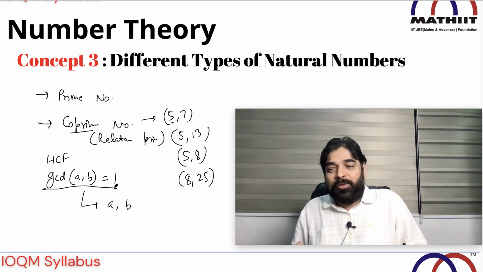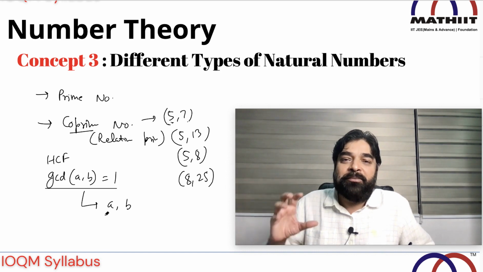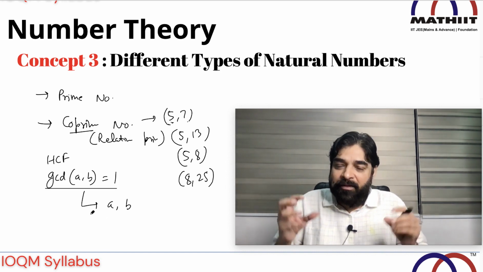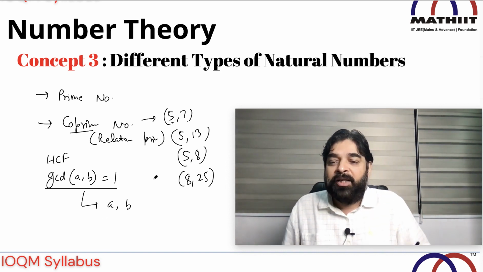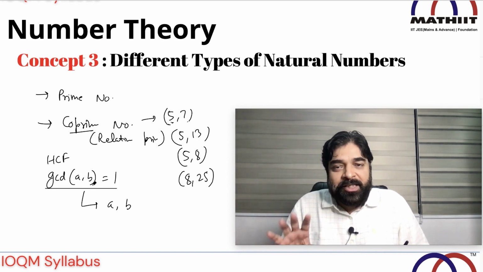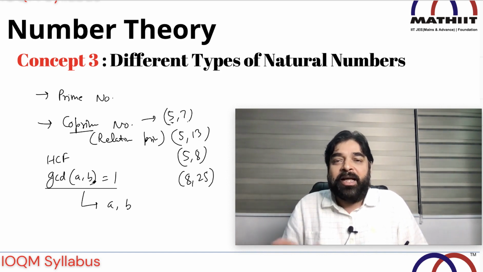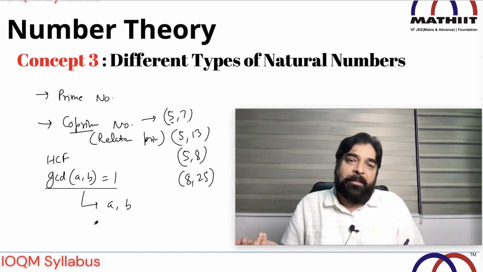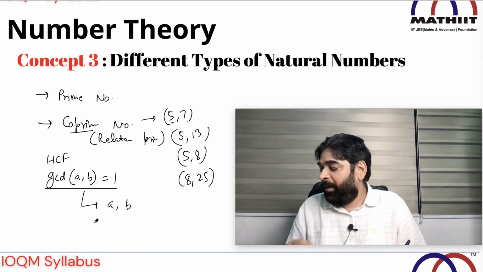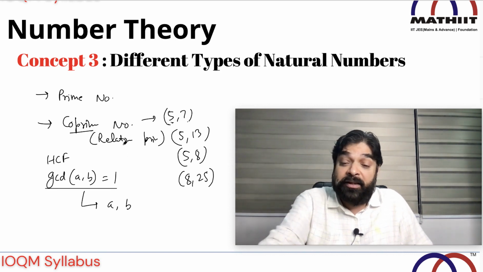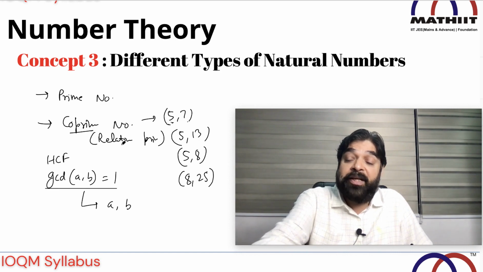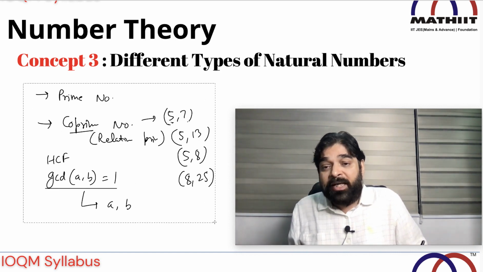I told you, mathematicians are generally lazy people, they always write short forms. So the meaning is that there is no common factor except 1, and they are called co-prime numbers. Right? Prime number, co-prime number. And so many others are there, which you should be very clear about.